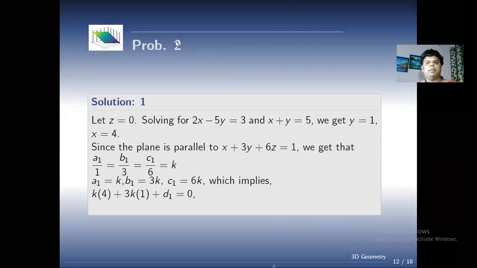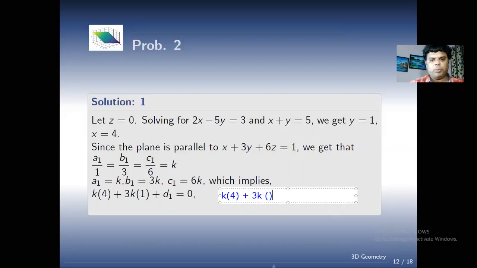So what I get is a1, which is k, times 4 plus b1, which is 3k, times y. y is going to be 1, plus d1 is equal to 0, because z is 0.